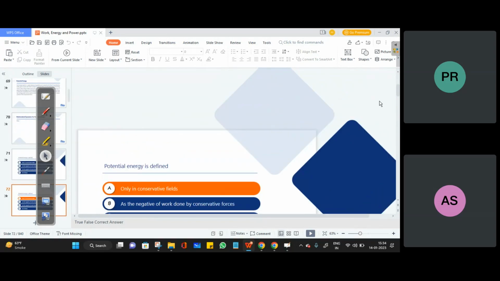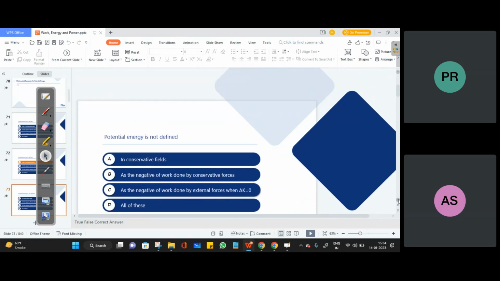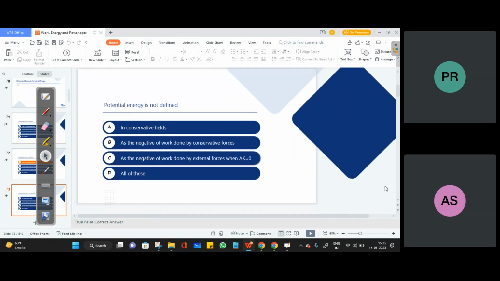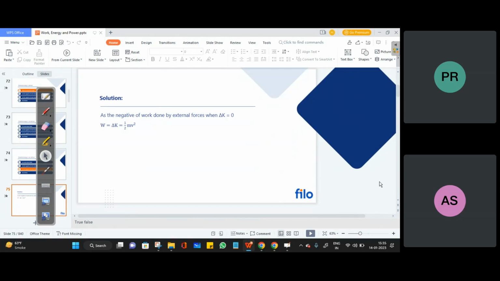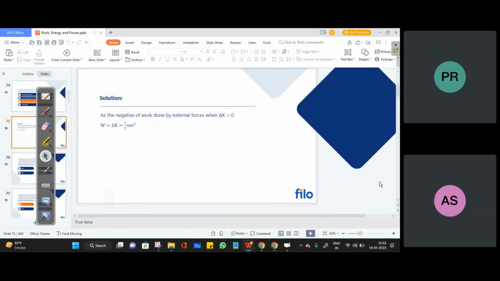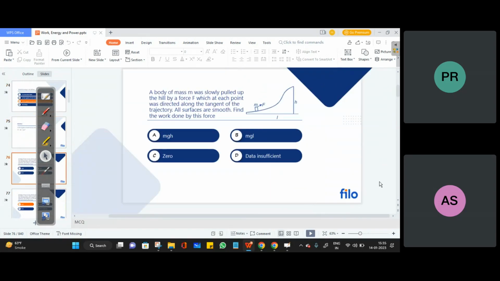Now, if we have to define the potential energy, then we will have to take some reference. At some point we will take the potential energy to be zero, and then only we can find the potential energy at some other point.